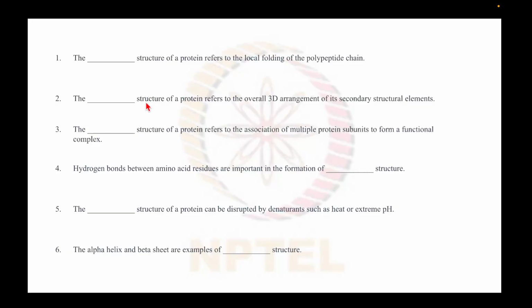Then the second one: what structure of a protein refers to the overall 3D arrangement of its secondary structural elements? So the overall 3D arrangement of the secondary structural elements in a protein is referred to as what level of structure?